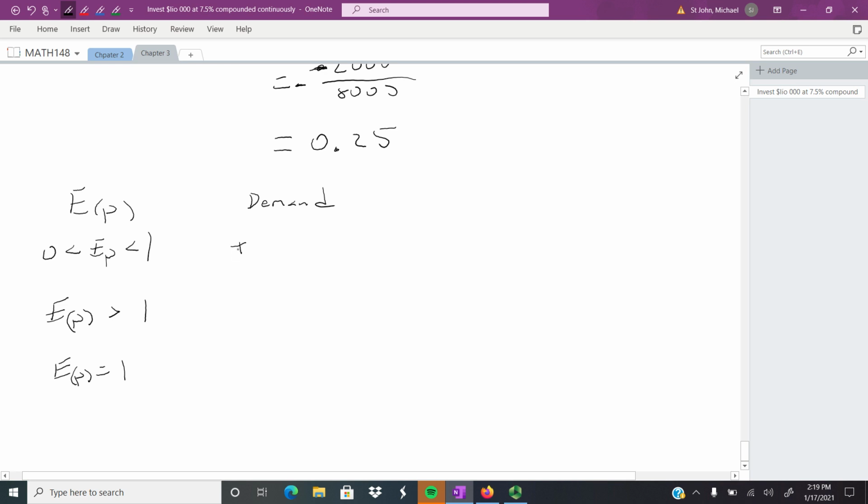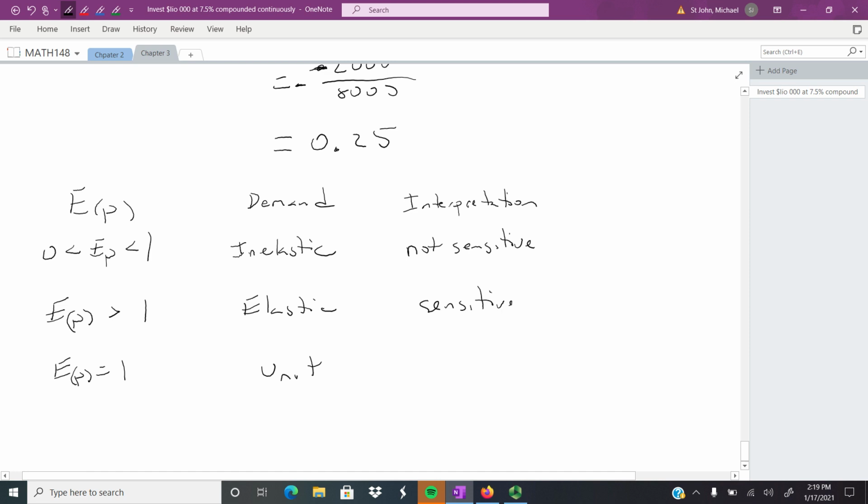So here it's inelastic. Here it's elastic. And here it's unit. And then what does it mean? Interpretation. Well, this is telling you it's non-sensitive. Here it is sensitive. And then what does this mean in terms of revenue?